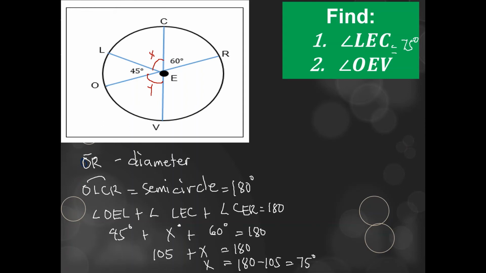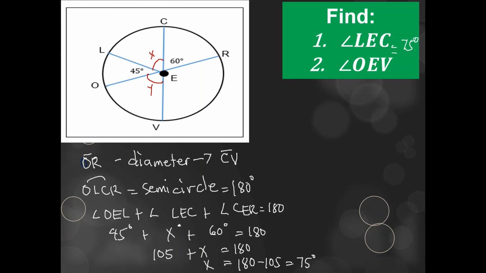Next, how about the angle OEB? OEB, or the Y. We have also another diameter, which is line segment CV. CV is another diameter.